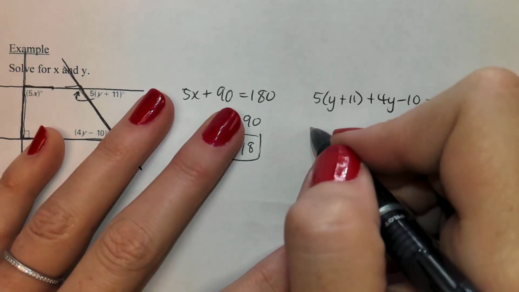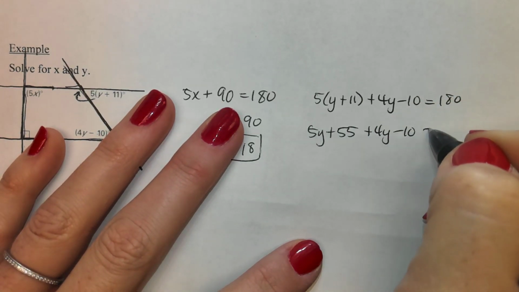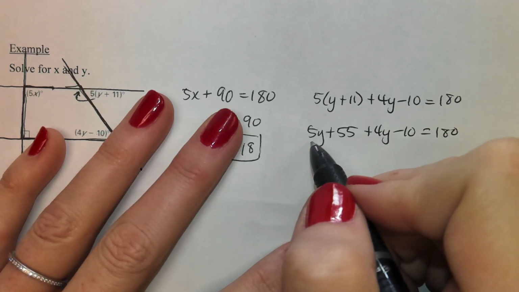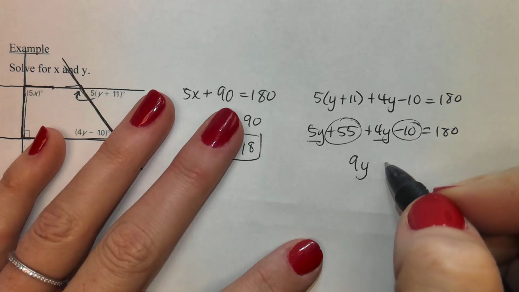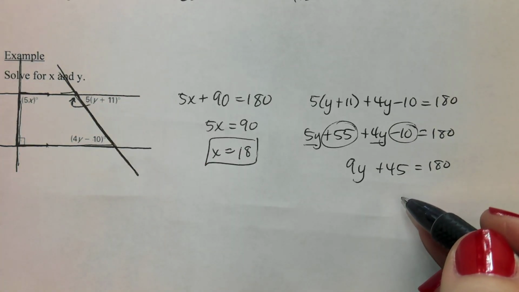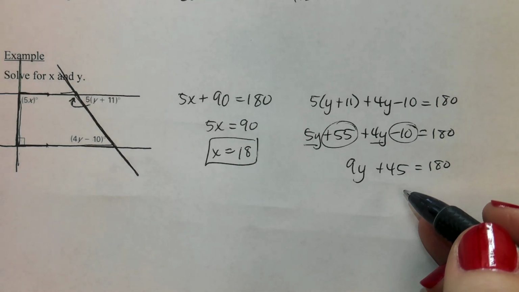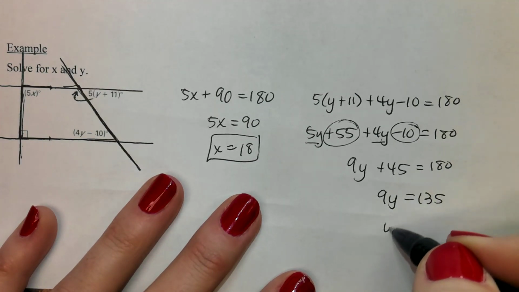So I'm going to distribute first. And then I'm going to add like terms. So 5y plus 4y, and then 55 minus 10. So I'm going to take 180 and I'm going to subtract 45 from it. And then we're going to divide it by 9.